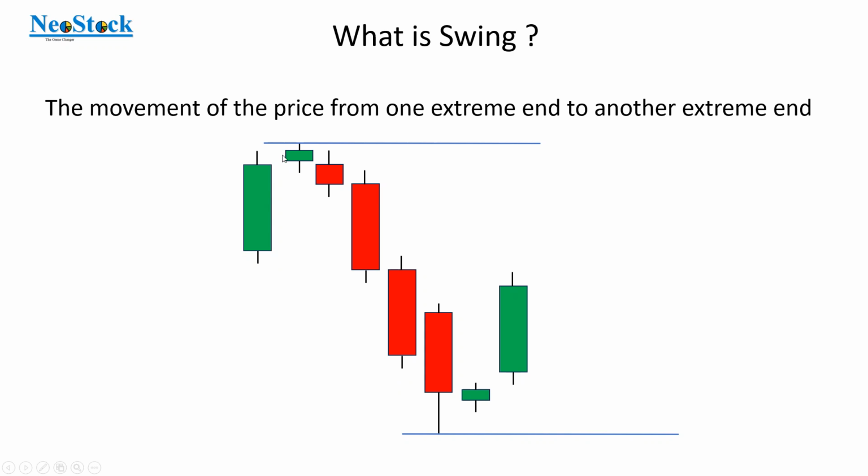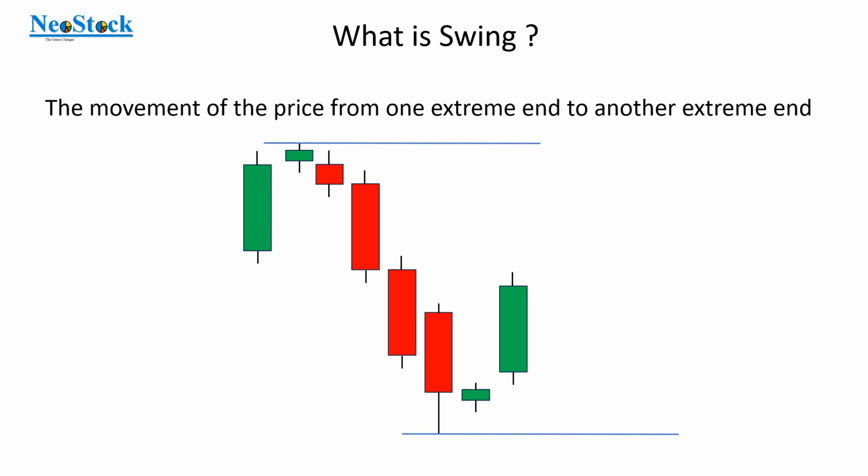If I say the bunch of candles between the swings, the meaning is different. A bunch of candles means you may take these 3 candles, it is a bunch, or these 4 candles, it is a bunch. And if you do that kind of comparison, it is wrong. Then what is right? The bunch of candles between the swings.